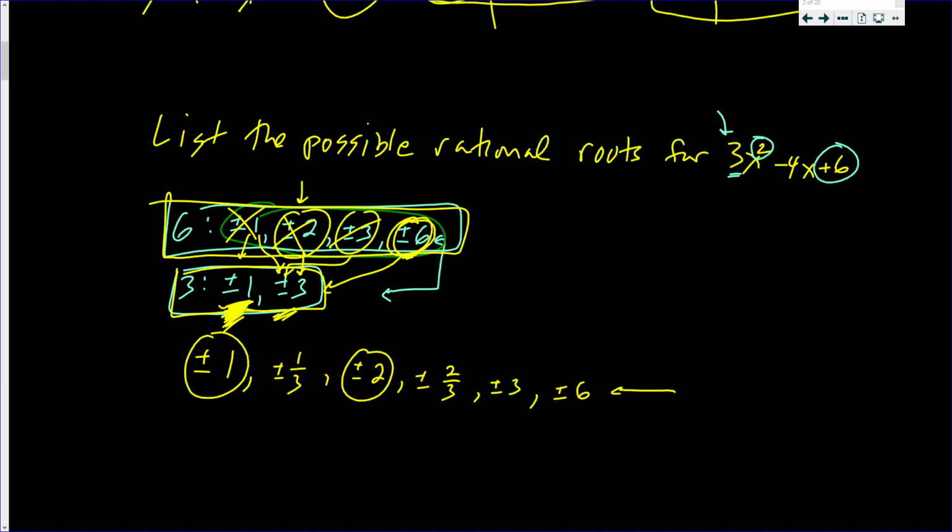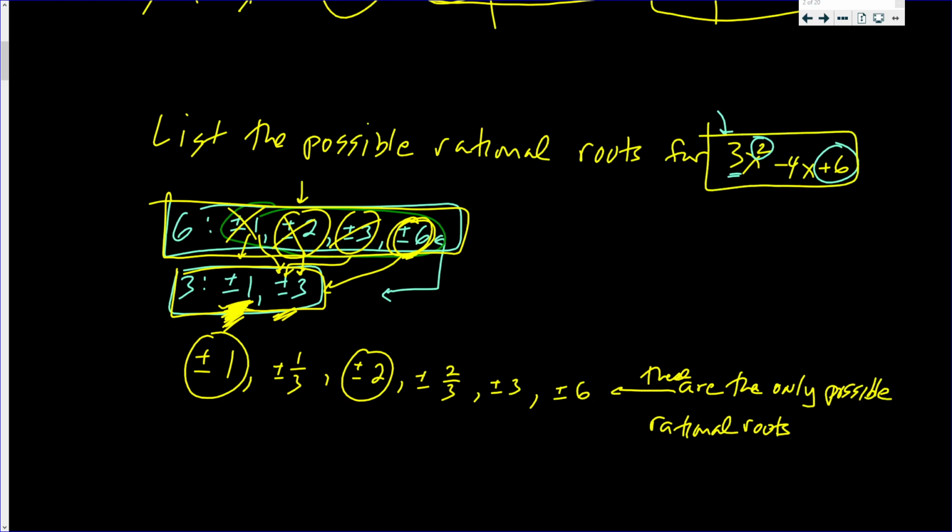Let's write these. These are the only possible rational roots. That is, it is possible that a root could be x equals 2/3.